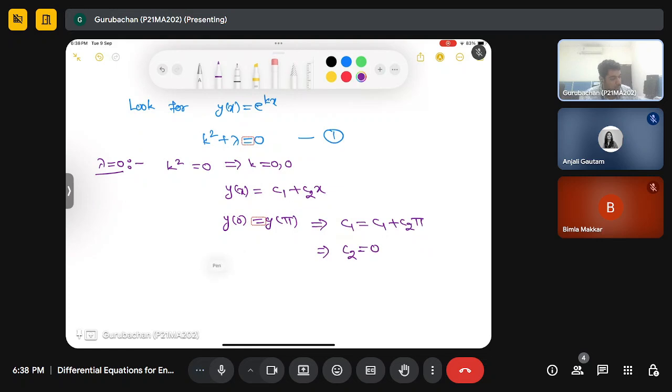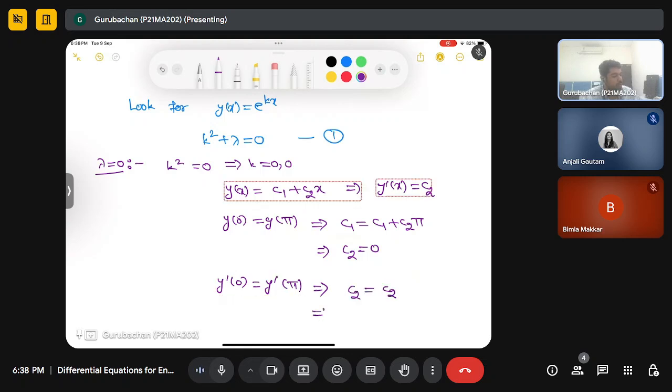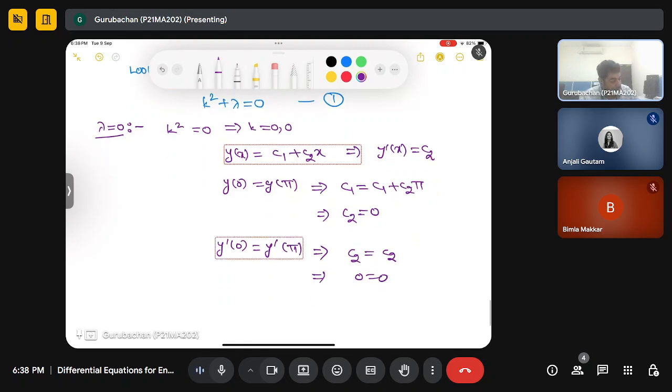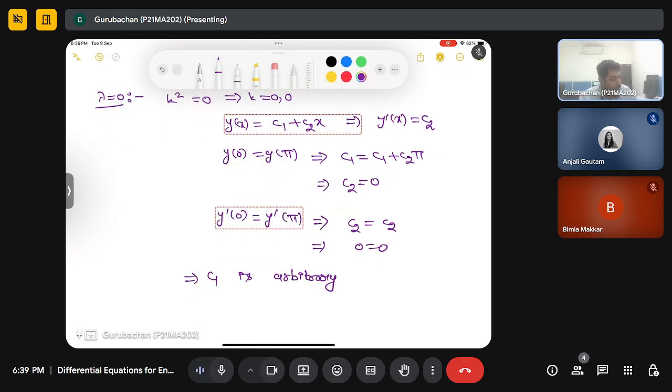The next one is y'(0) equal to y'(pi). The derivative y'(x) will be nothing but c2. So it will give you c2 equal to c2, that is 0 equal to 0. That implies c1 is arbitrary. If c1 is arbitrary, that means you have a non-trivial solution.